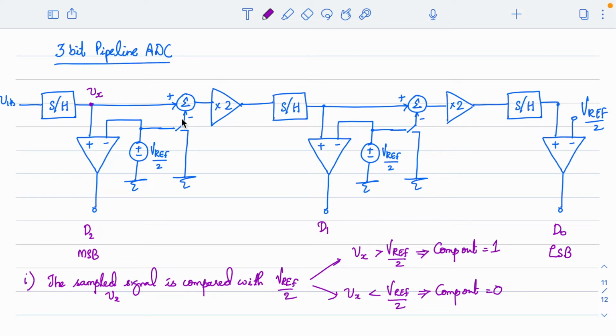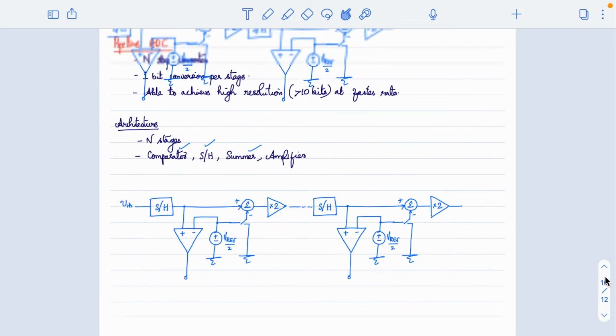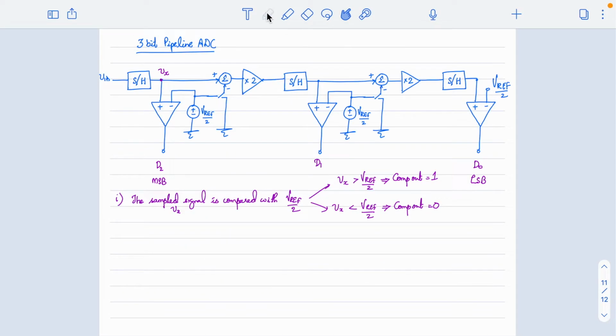Along with that, the summer will perform a subtraction. The summer will subtract this Vref by 2 voltage from Vx, and then it will be passed to the amplifier, right? So if this is the case, the summer subtracts Vref by 2 from Vx and then amplifies.